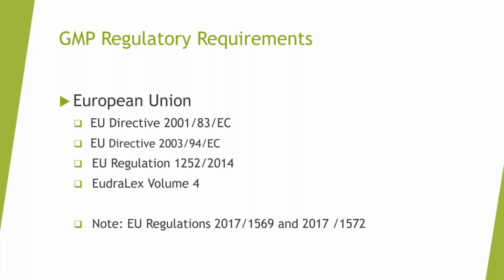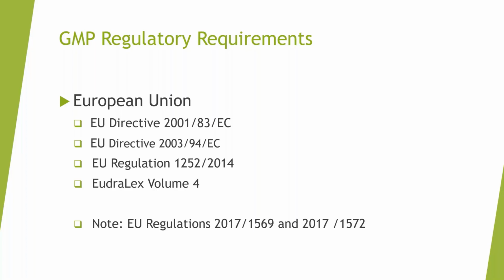Okay. We also have the EU regulation 1252/2014, and that is regarding the principles and guidelines of GMP for active substances for medicinal products for human use. So the active pharmaceutical ingredient.